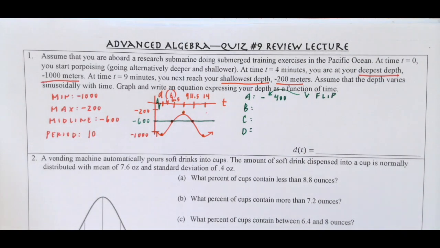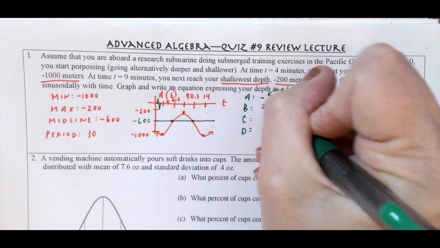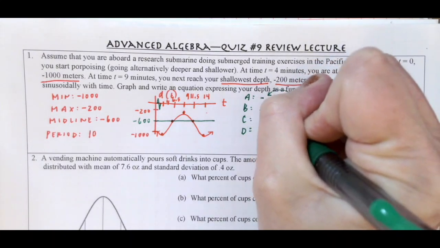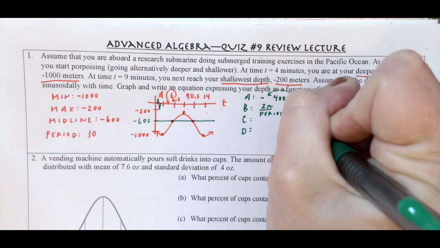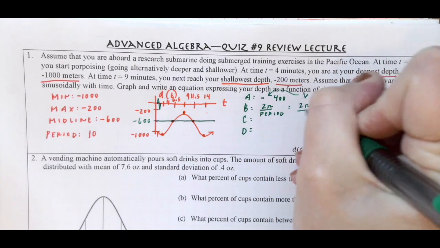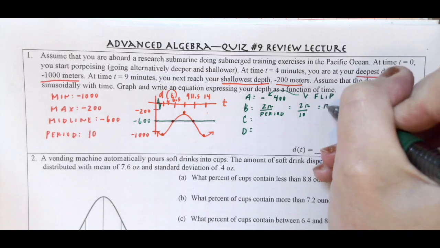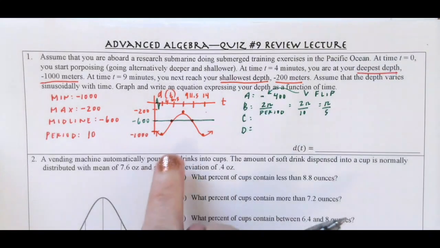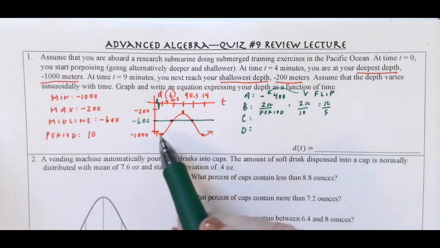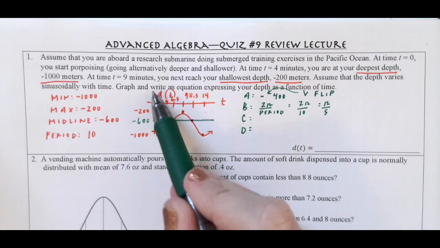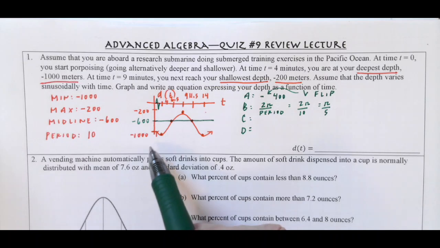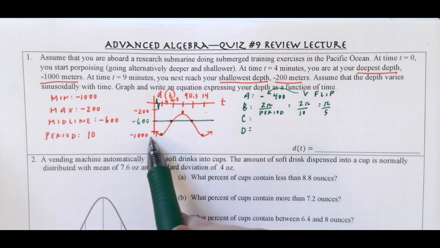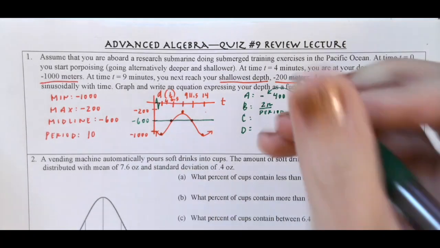For B, I'm looking at 2 pi over my period, which is 10, so pi over 5. For C, we have a shift. Normally this point is on that y-axis, which here is depth. So we had to move it 4 units to the right.